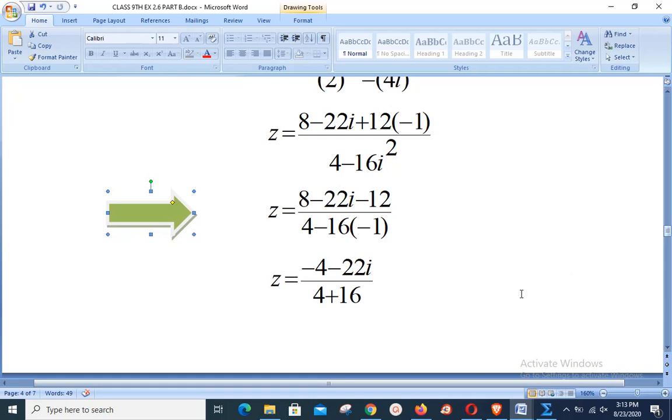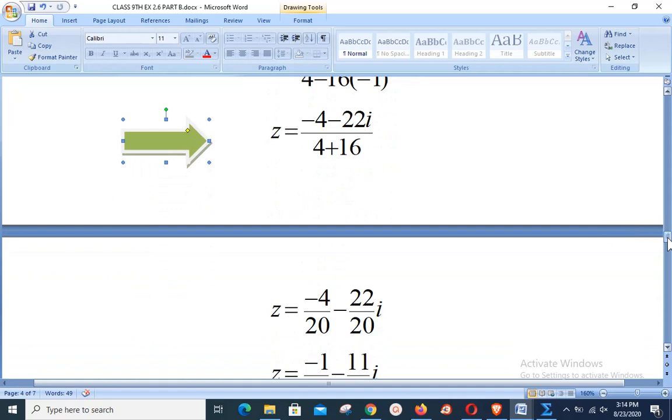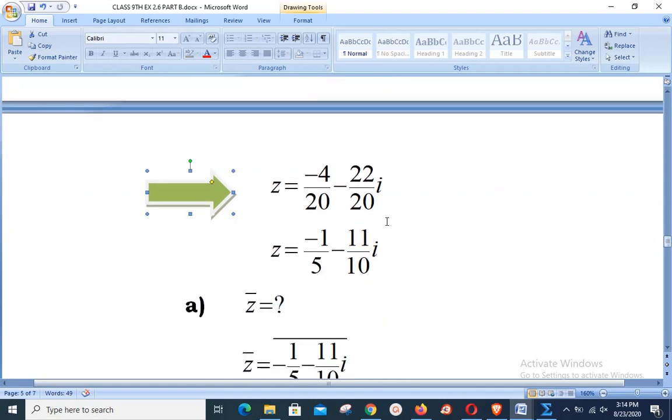From the numerator, we are left minus 4 minus 22 iota over 4 plus 16. And in the next step, we are having minus 4 over 20 minus 22 iota over 20 as the real and imaginary part of z. So simplifying cancellation by number 4, 4 1s are 4, 4 5s are 20, we have z is equal to minus 1 over 5.